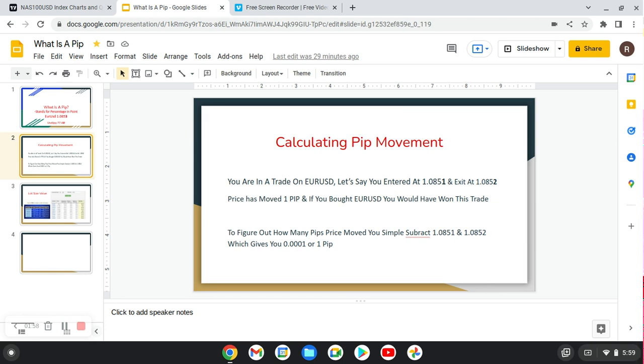In that case, the price has moved one pip because it went from 1.0851 to 1.0852, which means you won a pip and you won that trade. And it's very easy to figure this out.